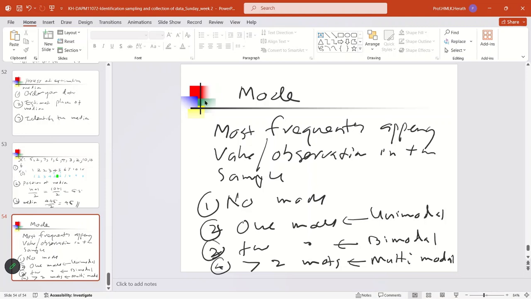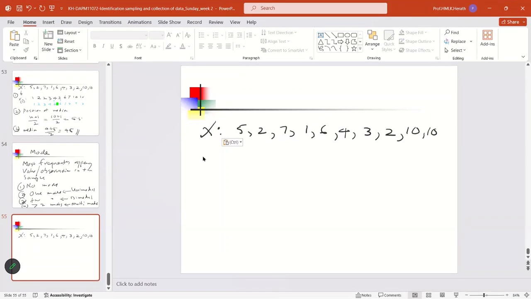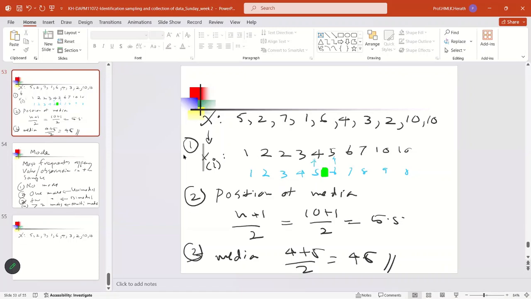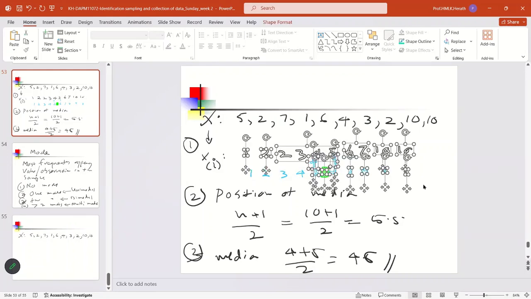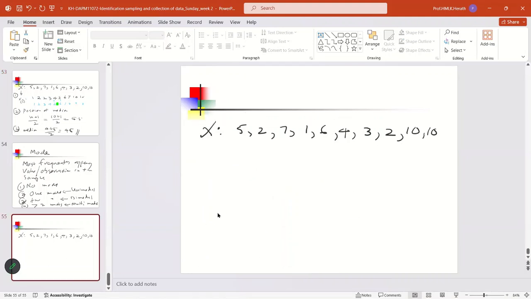Okay, let's take a look at our set of data. And see the ordered array.